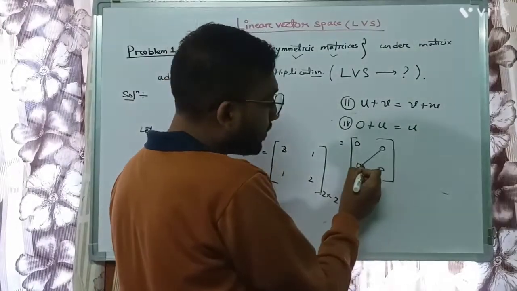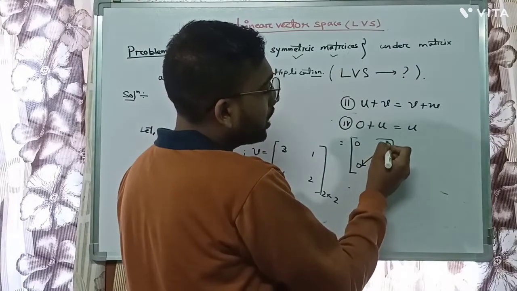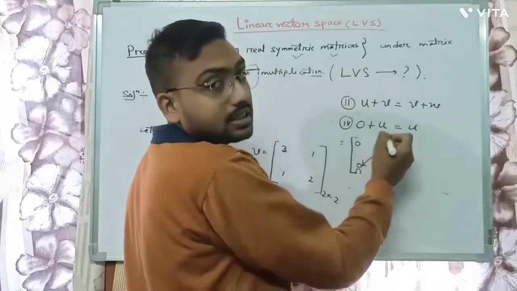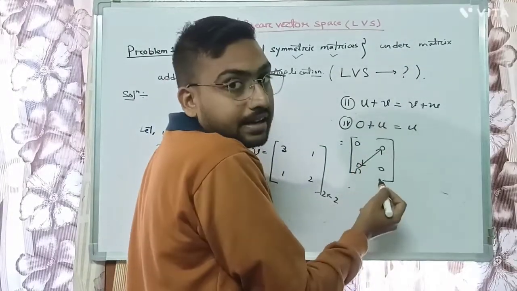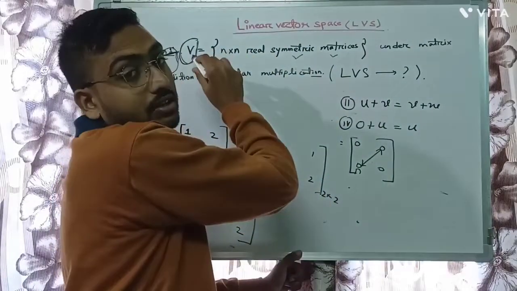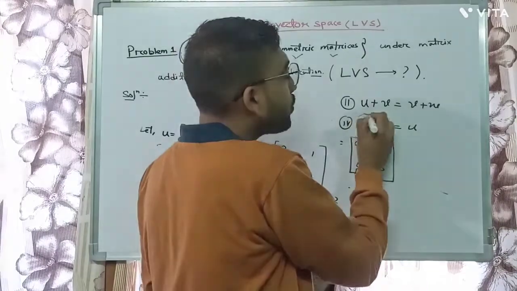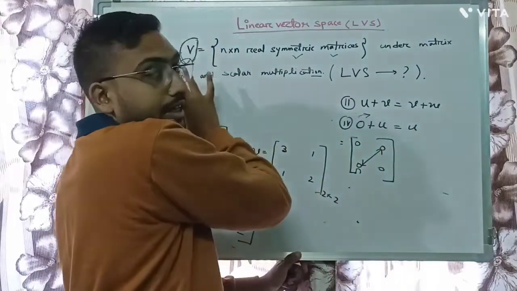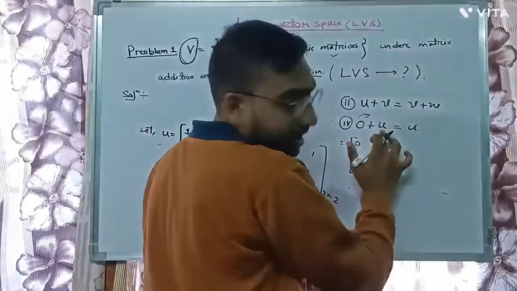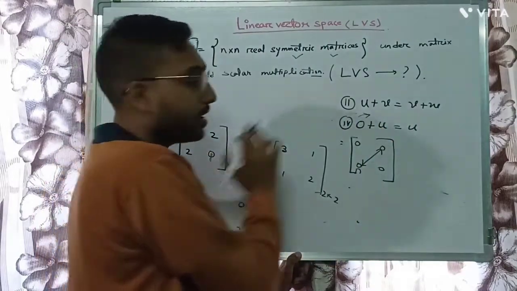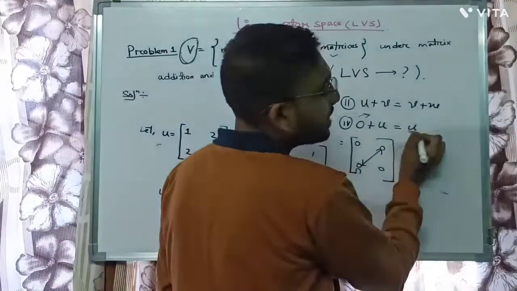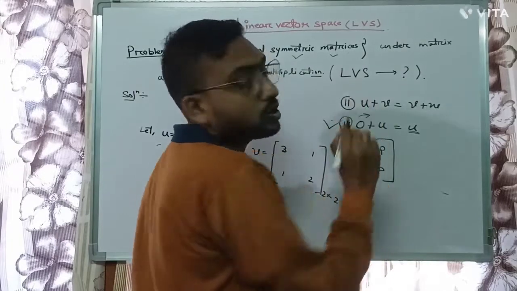It means that the elements A12 and A21 are similar. So this is also a symmetric matrix and it is inside this set V. So I can say that this zero vector is in the set V. Also the addition of this vector with the vector U results in the vector itself. So this property is also satisfied.